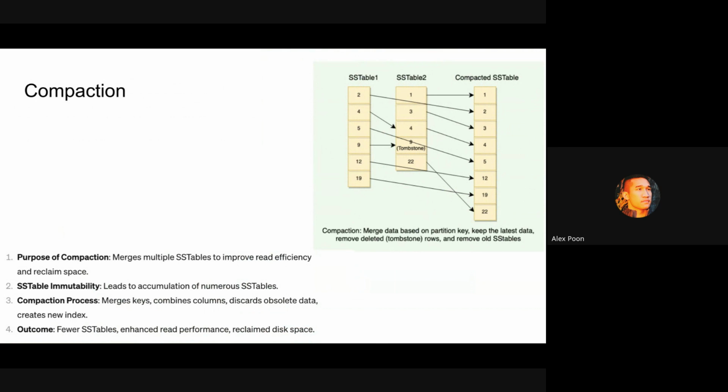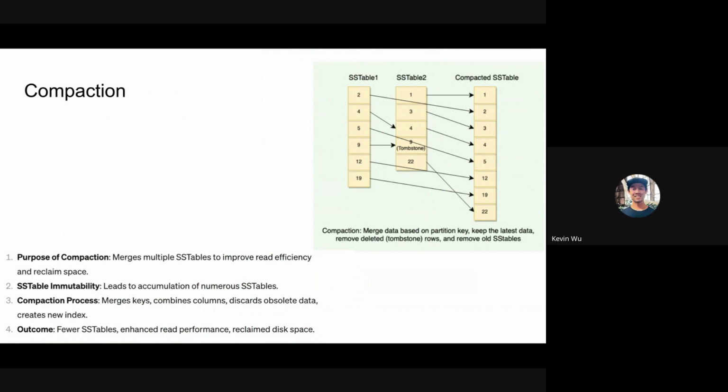Once we compact, the merged data is sorted, and then we'll create a new index over the sorted data, and this freshly merged, sorted, and indexed data is written to a single new SS table. Right. Okay. And the old ones are garbage collected or something, right? Actually, not sure exactly what happens, but I know they're discarded somehow. Okay.